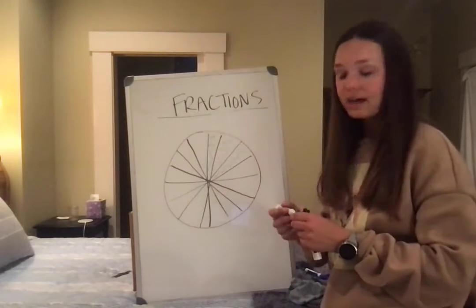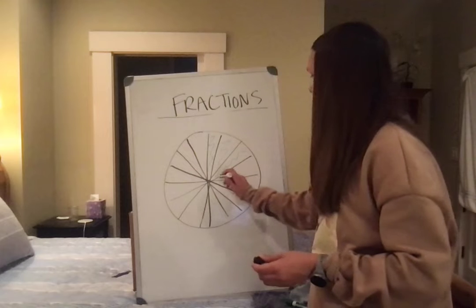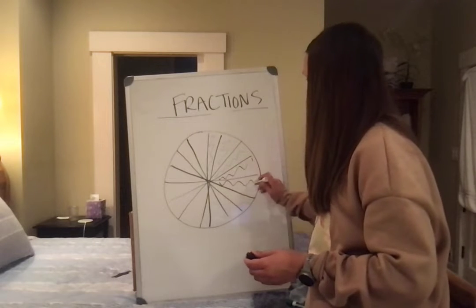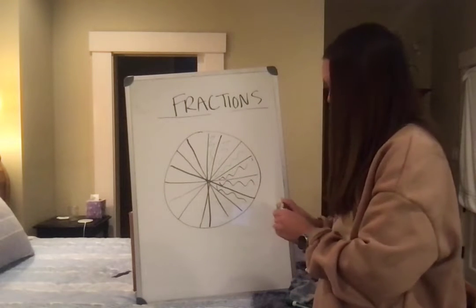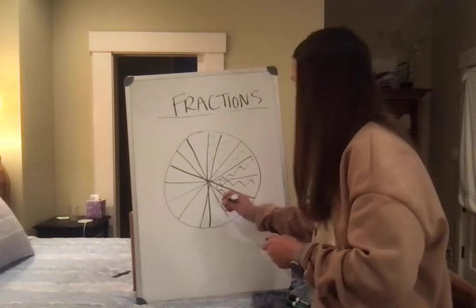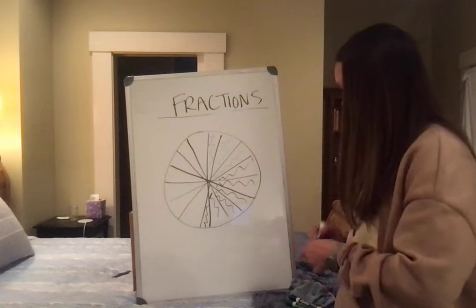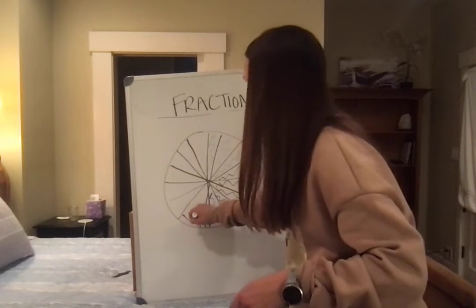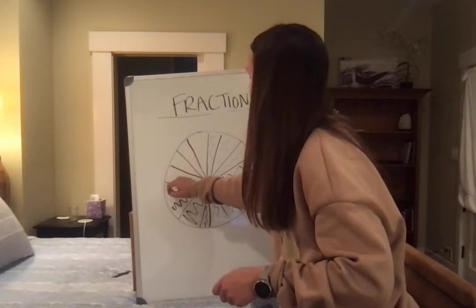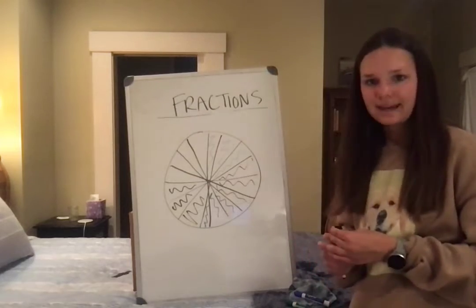That's how many pieces I eat. 4, 5, 6. That's how many pieces my mom eats. 7, 8, 9. That's how many pieces my brother eats. And 10, 11, 12. That's how many my dad eats.